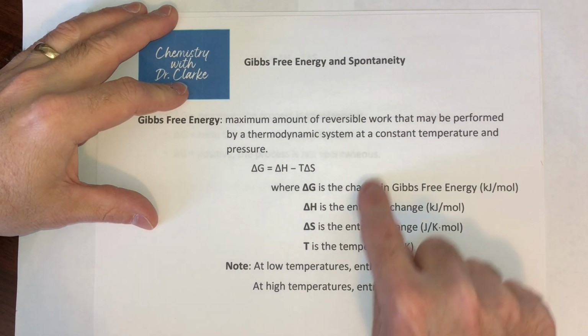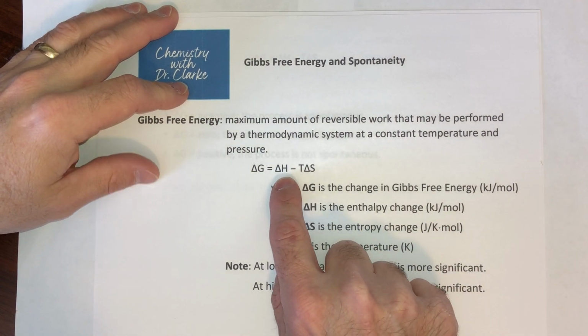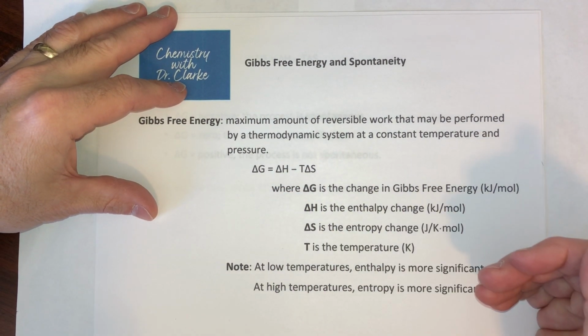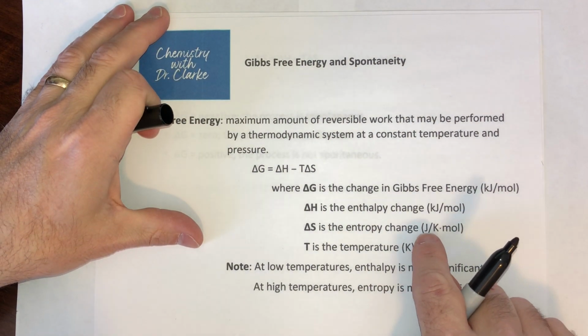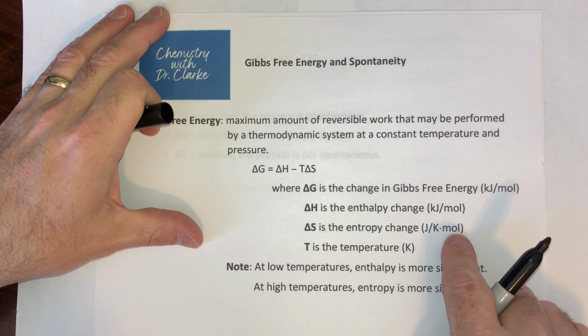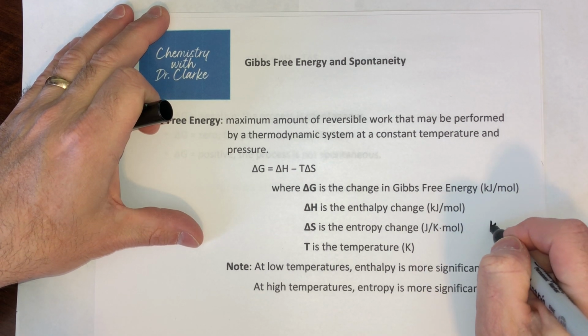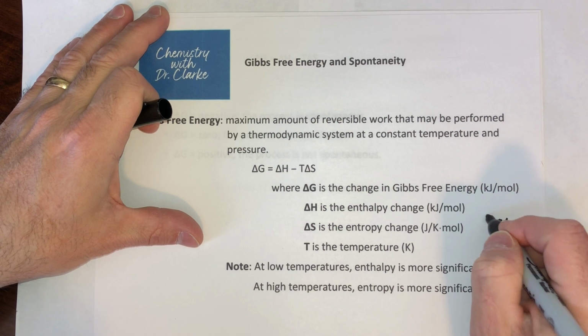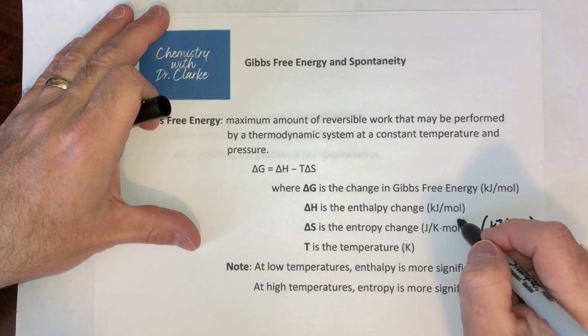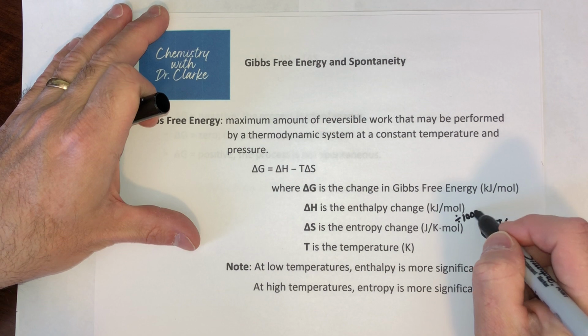But if you want to be able to throw all of these numbers into the one calculation and make it work, they have to be consistent. So you're going to have to convert this from joules per Kelvin per mole into kilojoules per Kelvin per mole. And the way that you're going to do that is dividing by 1,000.